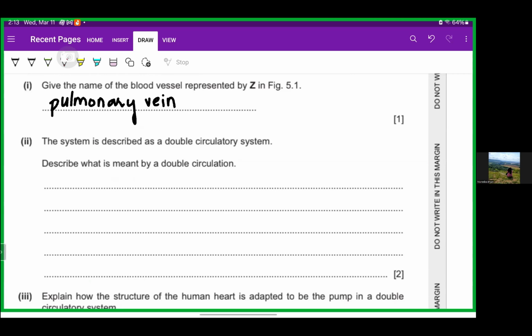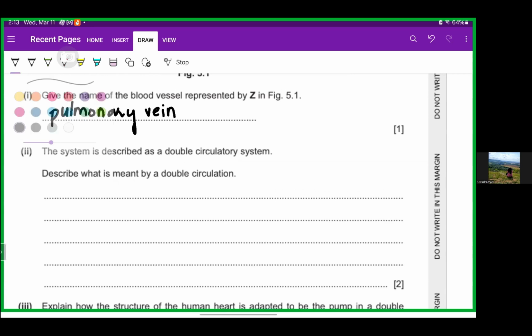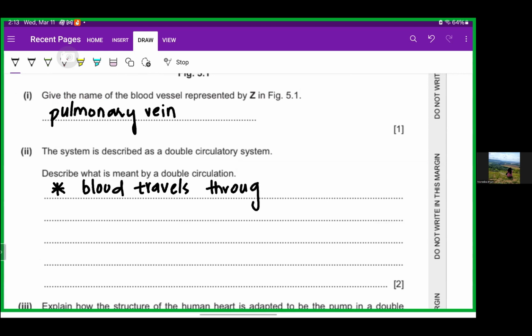Double circulation means that blood travels through the heart twice during each circulation.